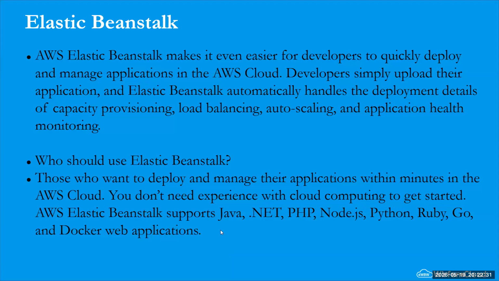You just use Elastic Beanstalk and it will give you the environment you need to develop as you have been doing before. So this is Elastic Beanstalk again, web applications, and that's basically what it is.